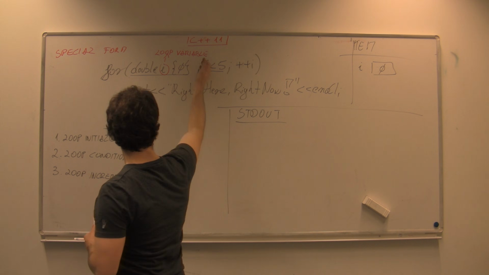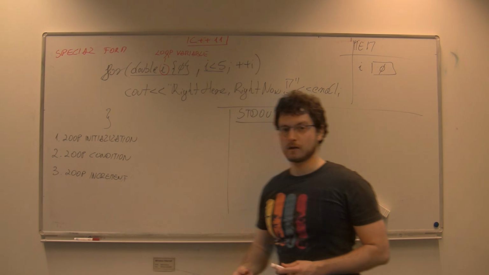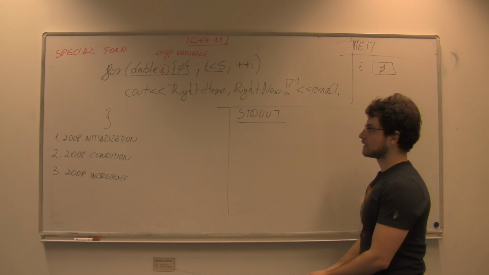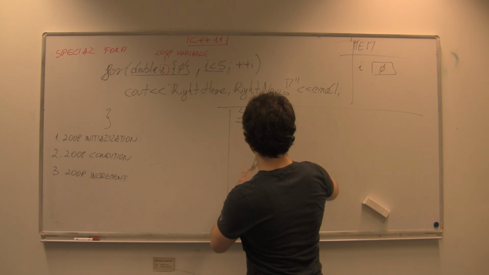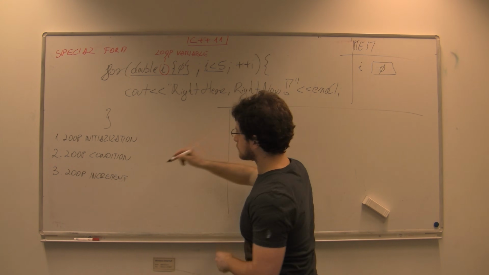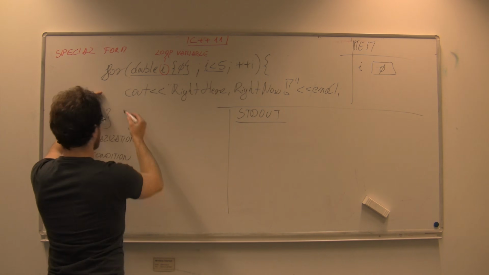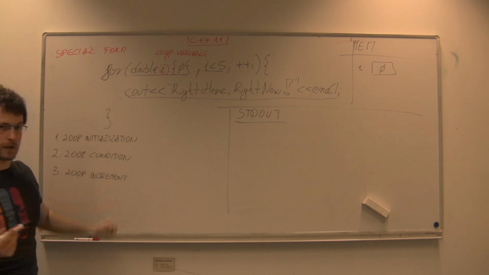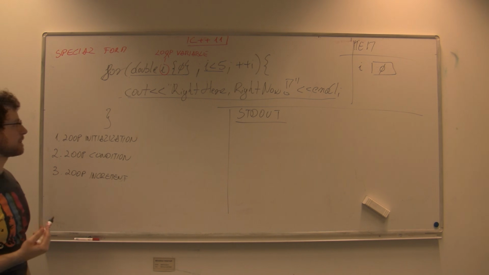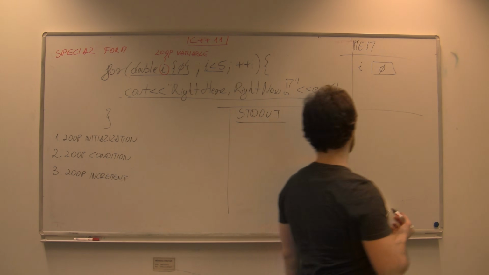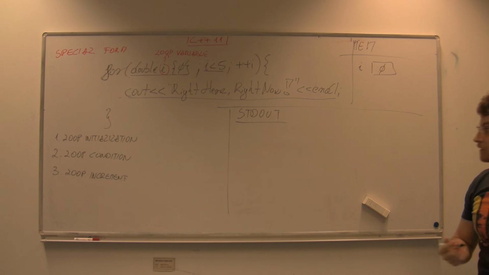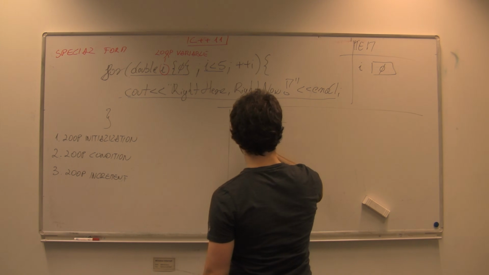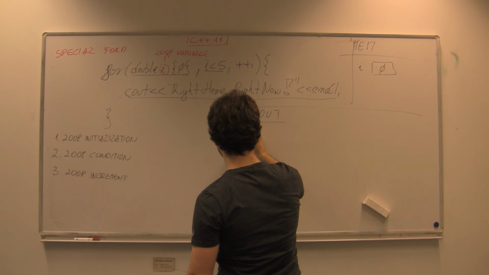So if this check passes, then we are allowed to execute the body of the for loop. And the body of the for loop is this statement here. So the body is made up of only a single statement. And this statement is something that we know how to execute. So we just print out the string right here.